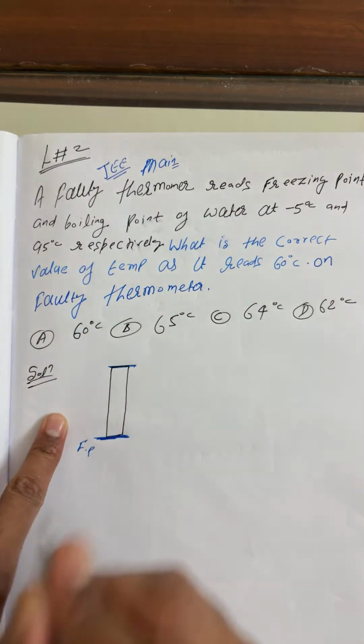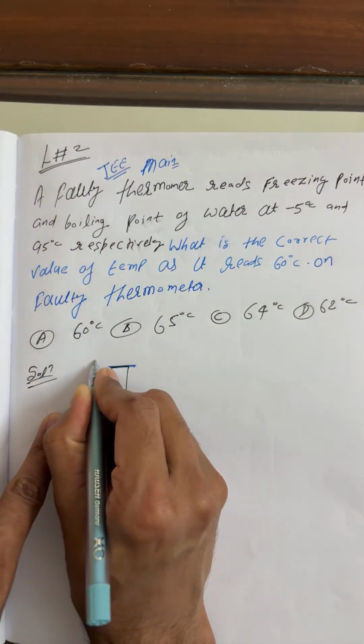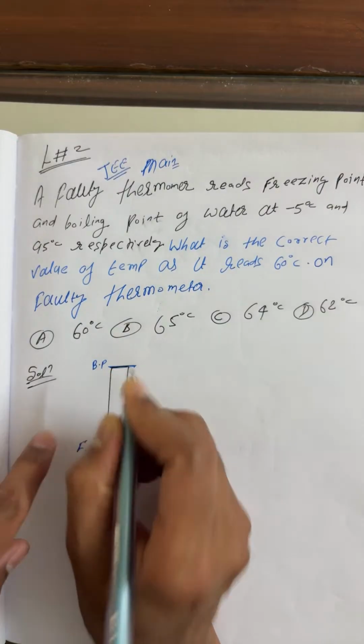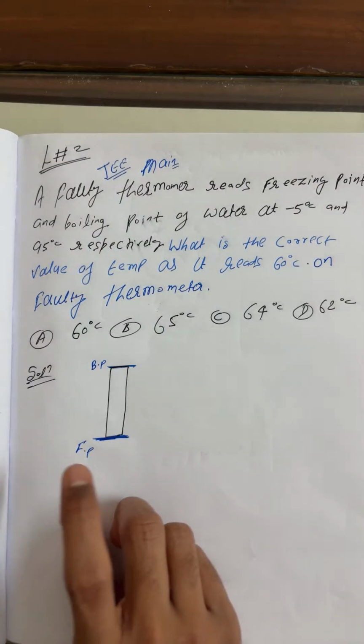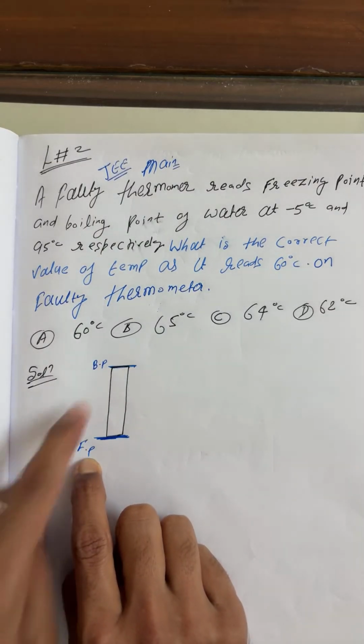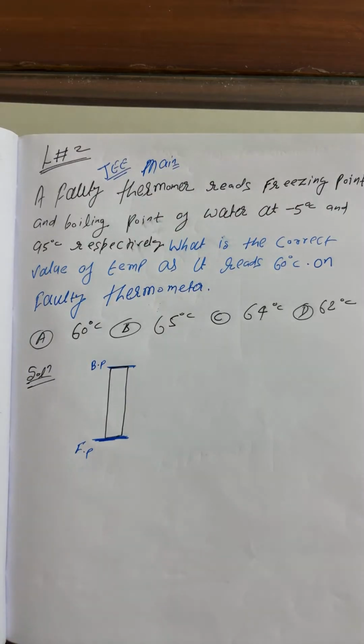This is the freezing point, and this is the boiling point. They mentioned in the question: a faulty thermometer reads the freezing point.